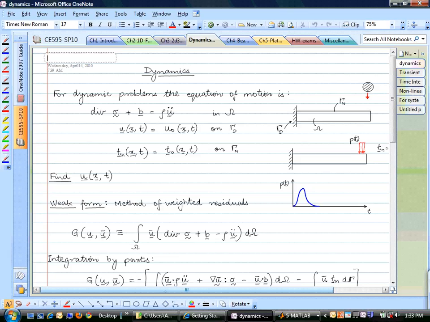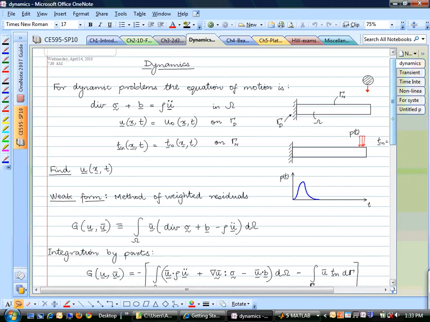So what we were talking about last time was this topic of dynamics and nonlinearity. And I showed you that when you have a dynamic problem, the equation of motion is given by this. This is the governing differential equation, which holds at every point everywhere in your domain.